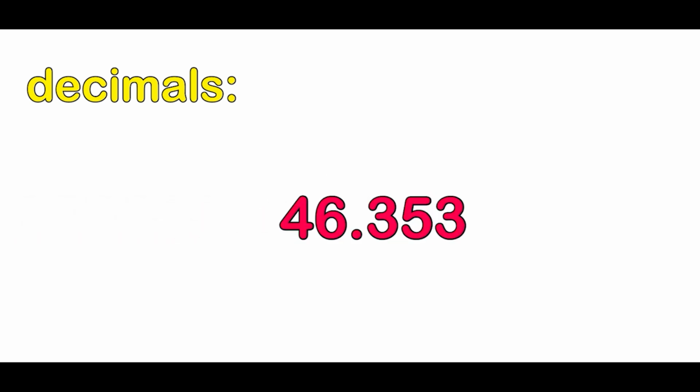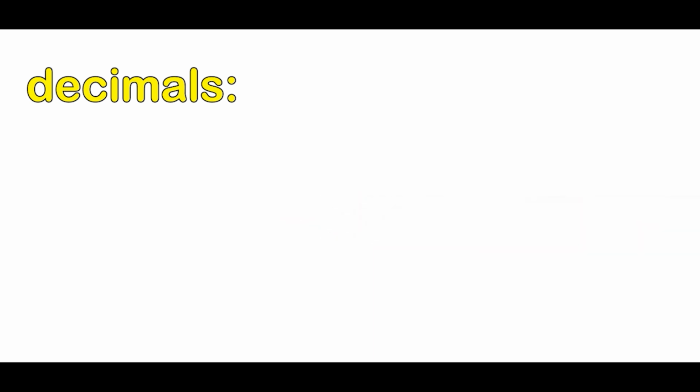If the decimal number is longer like this, we never say forty-six point three hundred fifty-three. This would be incorrect. Then we say 46.353. And another example, 57.891.